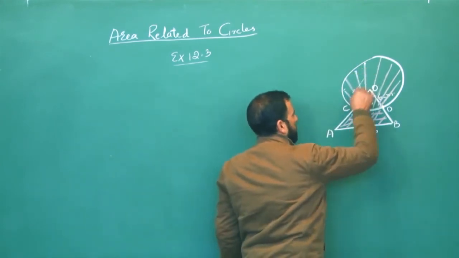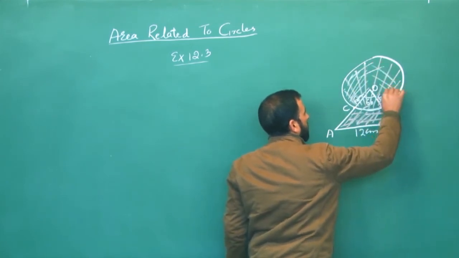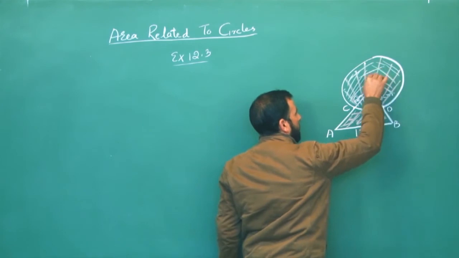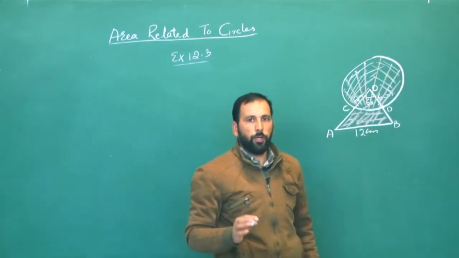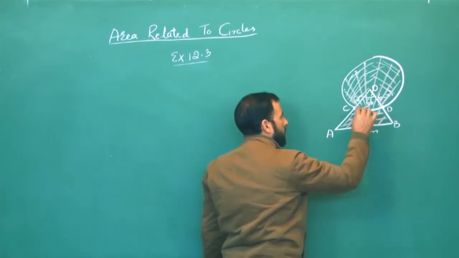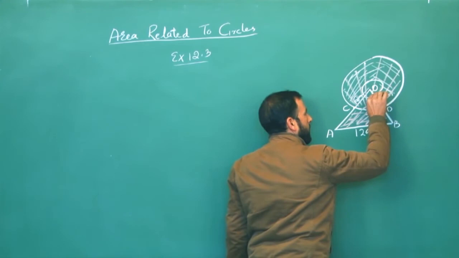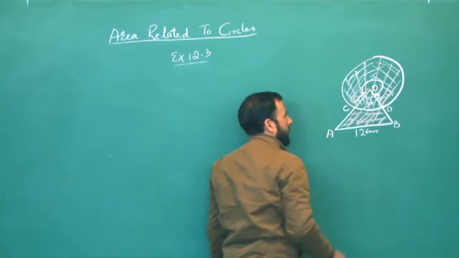This one is the major sector. But for finding the area of a major sector, we have to find the angle of the major sector. This one is the angle of the major sector.